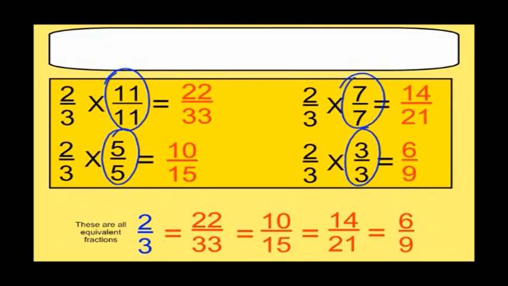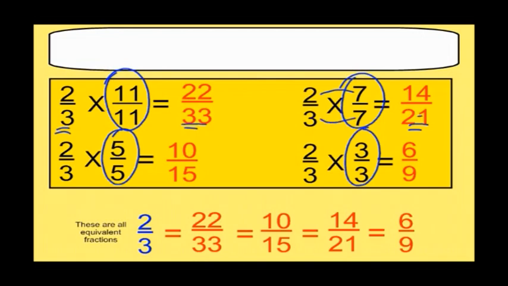It's like you're multiplying times 1, which means you're not changing the identity of the original number. 2/3 is equal to 22/33. 2/3 is equal to 14/21. 2 times 7 is 14. 3 times 7 is 21.